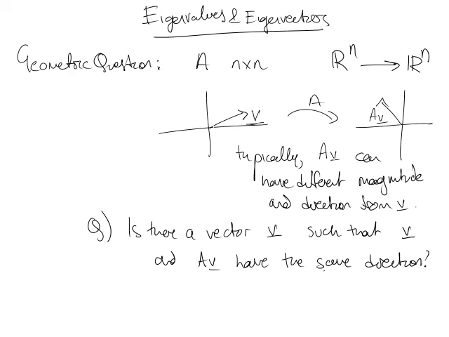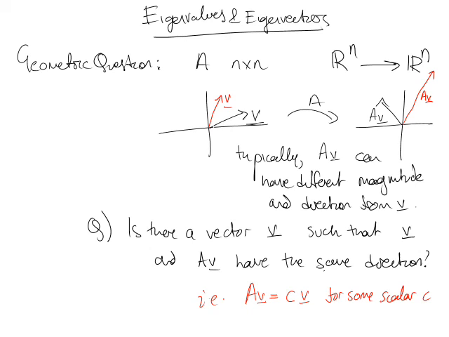Maybe this one didn't work out. I'm looking for some vector v such that when you hit it with A, it gets mapped to some vector that points in the same direction. And mathematically, what this means is that Av is equal to cv for some scalar c.